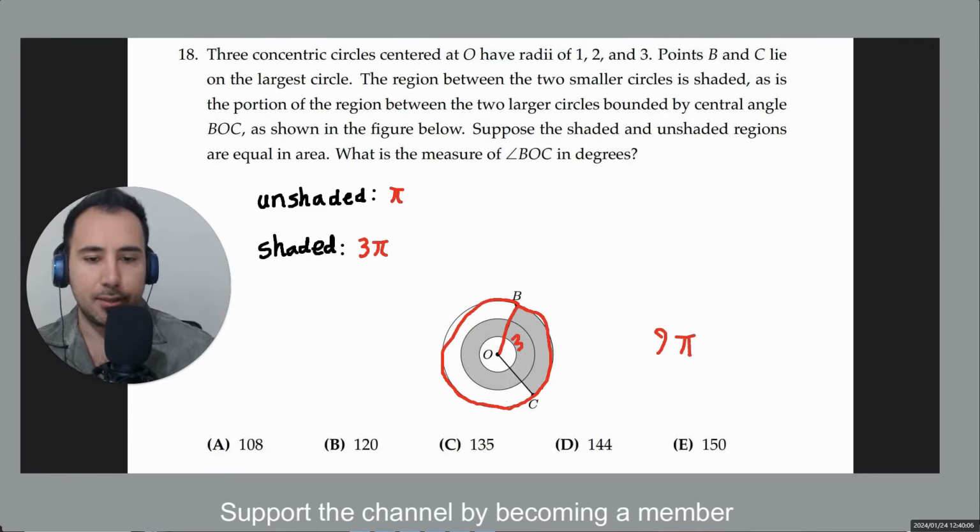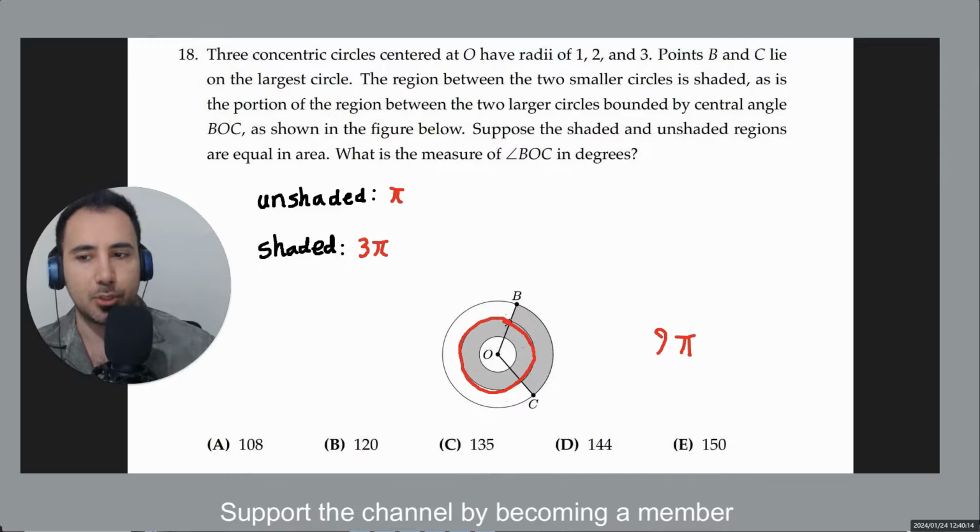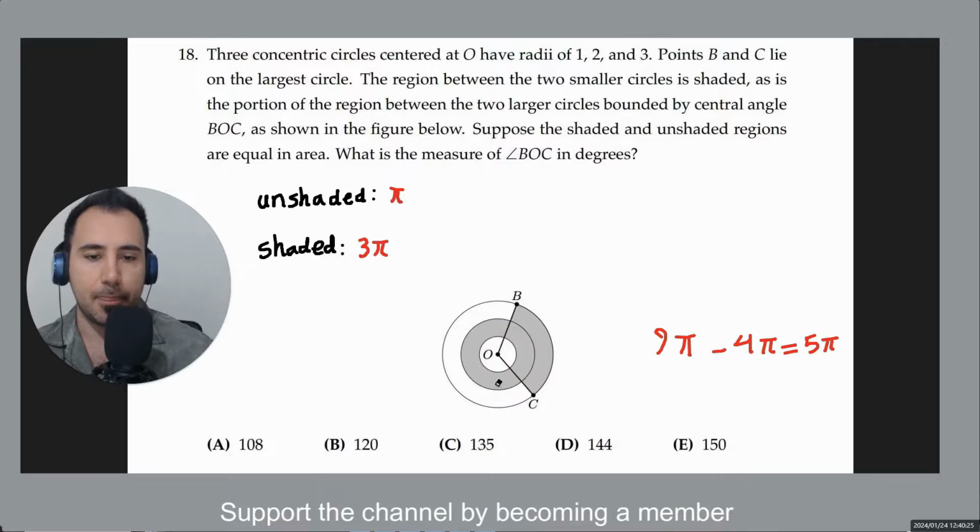Minus the smaller one, right? Minus this one now. This was 4 pi, remember? 2 times 2 times pi. So what does that mean? That means all of this last layer is 4 pi. All of this is 5 pi.